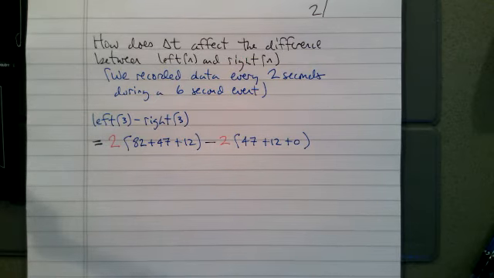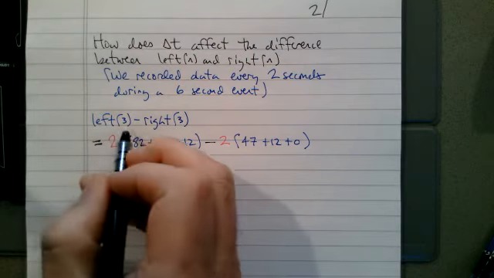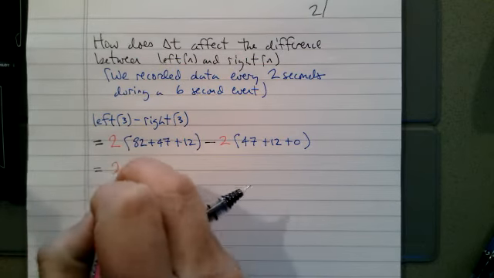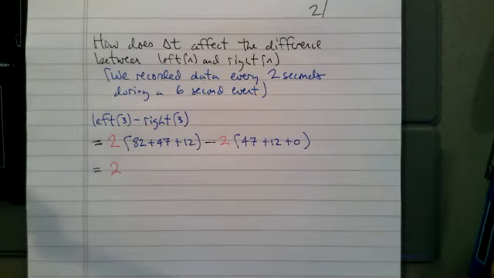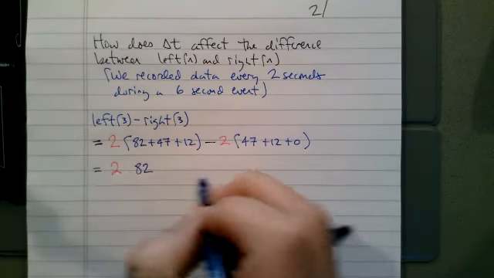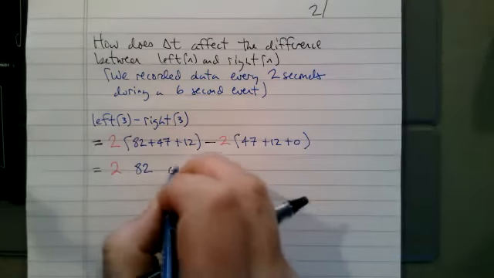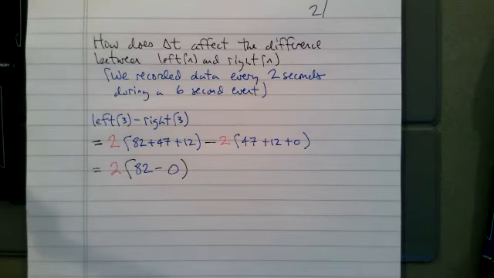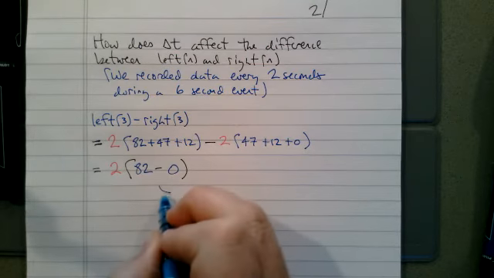So if I subtract these, the difference between left 3 and right 3 is still the 2 seconds times the difference between 82 and 0. All the middle terms cancel out. That's what we want to observe here.